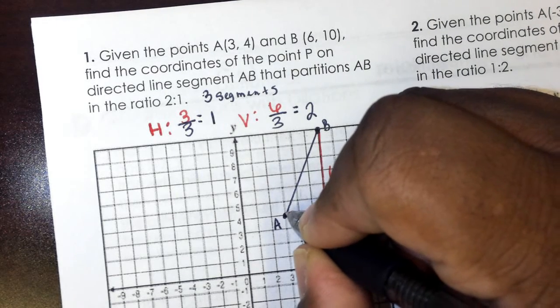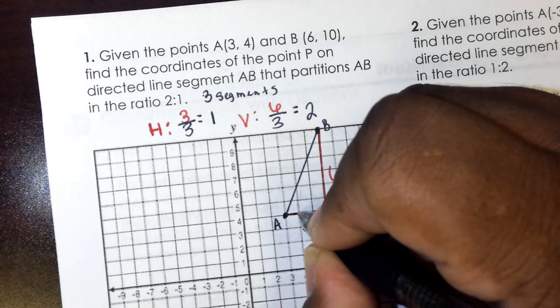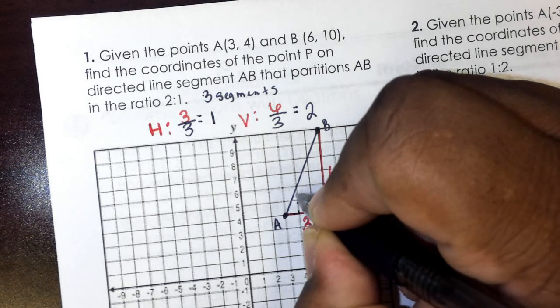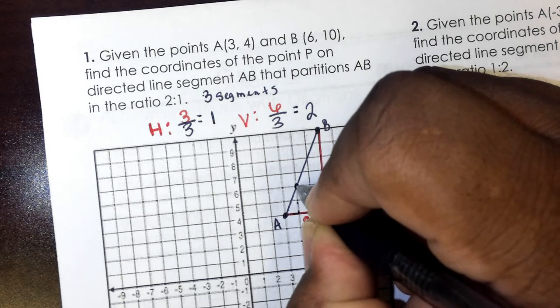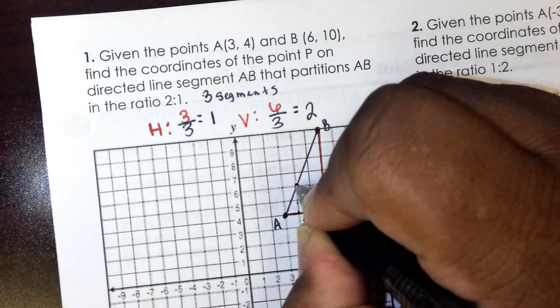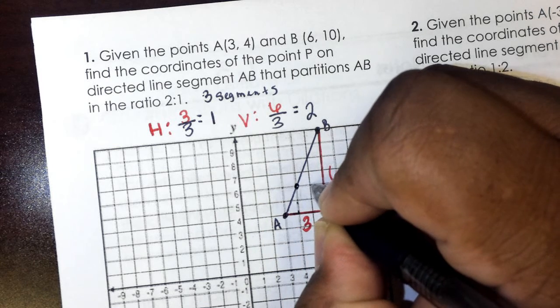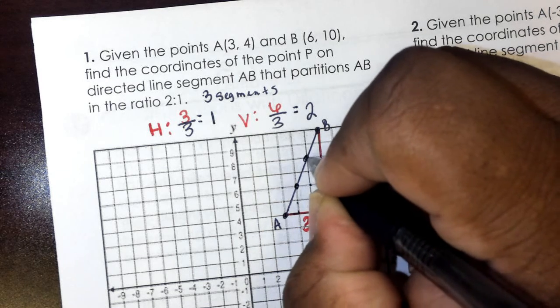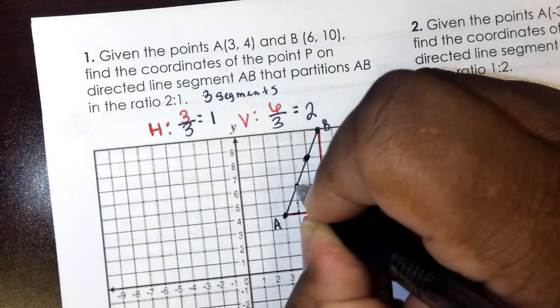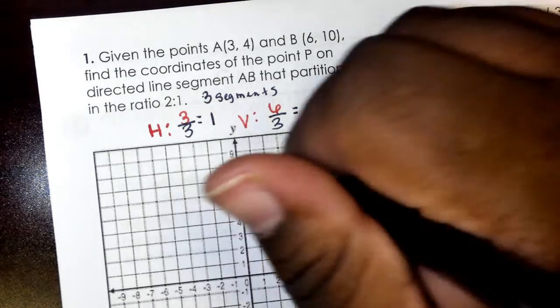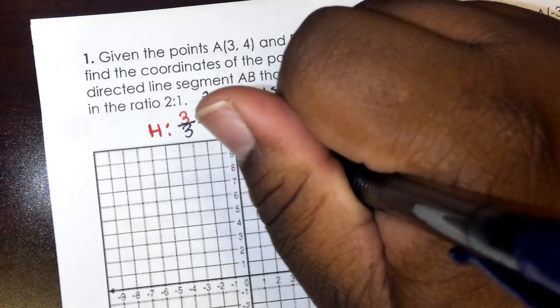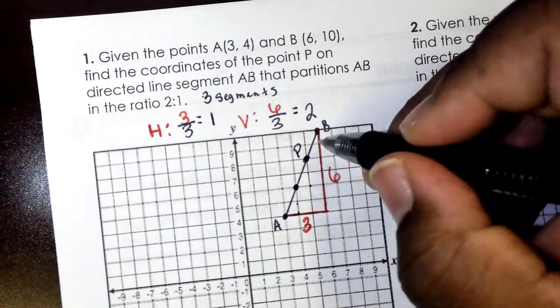So from A, I'm going to the right 1 horizontally, then going up 1, 2. Just following what I just calculated. And then I have to do it again. Over 1, up 1, 2. Doing it twice to get me my 2 to 1 split. The 2 is right there, the 1 will be over there.